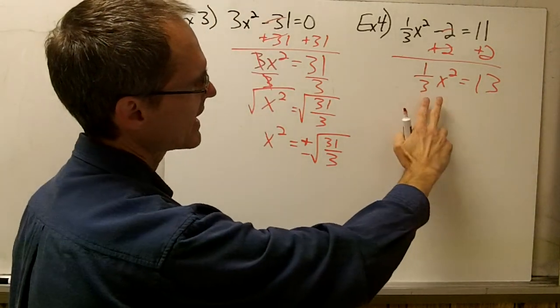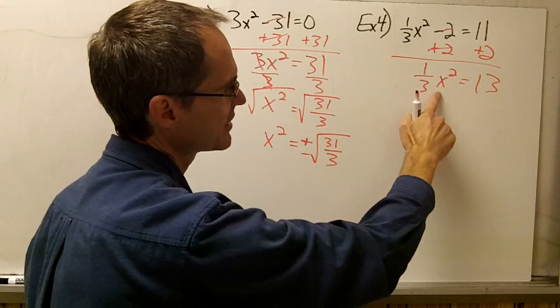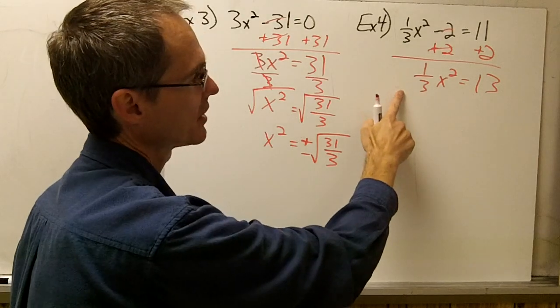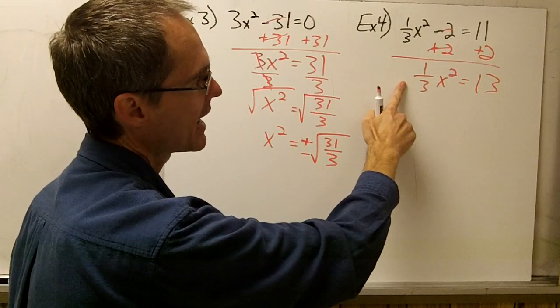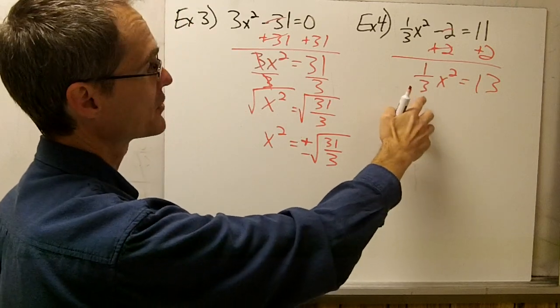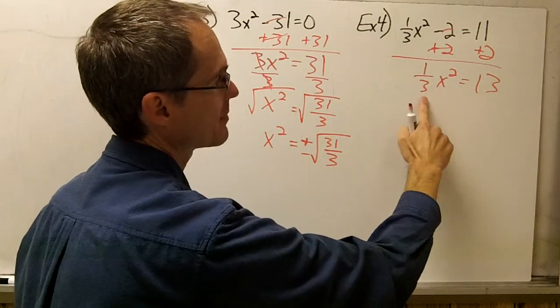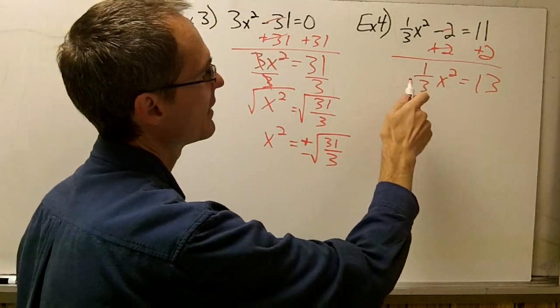And once again, I see that I can't take the square root of both sides yet because I don't have my x squared term all by itself. It's got this fraction in front of it. It's got this 1/3. Well, I can take care of that by, this time instead of dividing both sides by a number like I did over here, if I multiply both sides of my equation by the number 3, well, that will get rid of my fraction here.